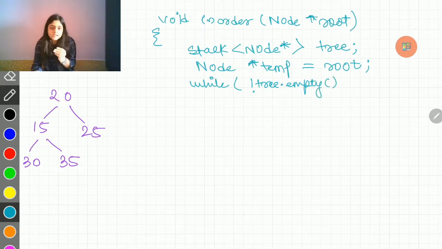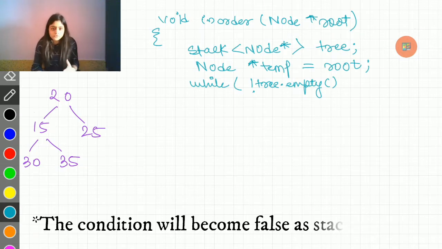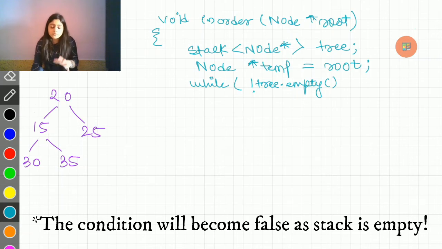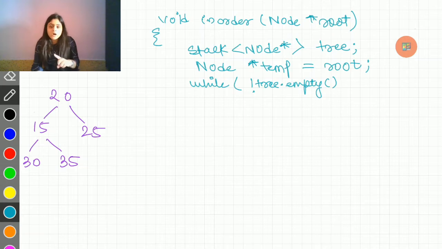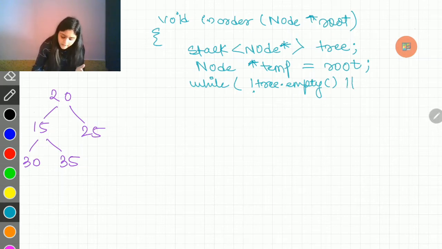Now if you see at this point of time when we have just begun, there is nothing in my stack, so this will turn out to be true and the loop will terminate. So if we just keep one condition here, control will never go into the loop, right? So we want another condition, and that will be temp is not equal to null.